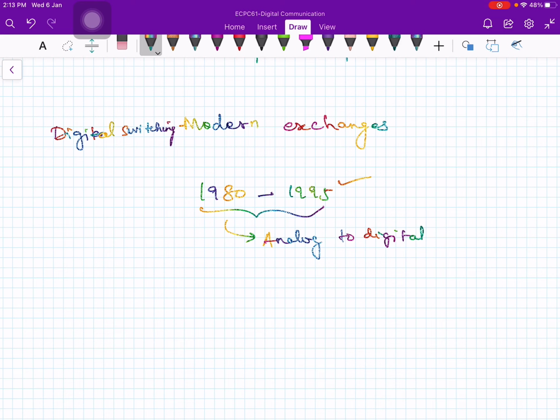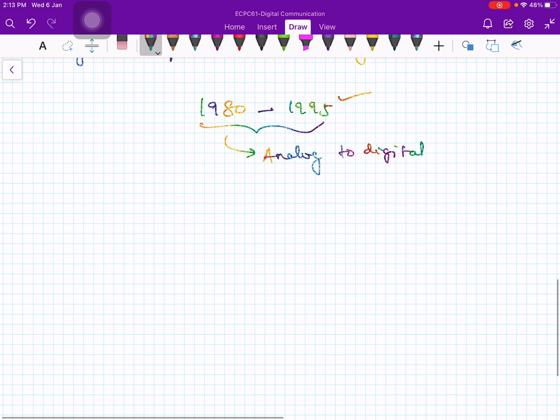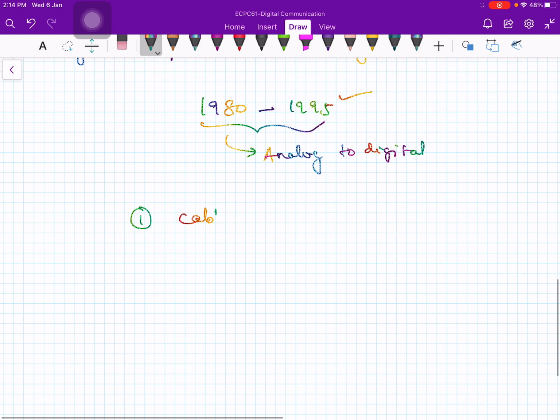These communication systems are broadly classified into 4 categories. Just for convenience and illustration, I divided the communication systems into 4 categories. The first one is the cable system, and the second one is the terrestrial microwave system.